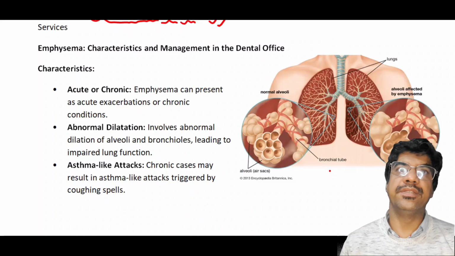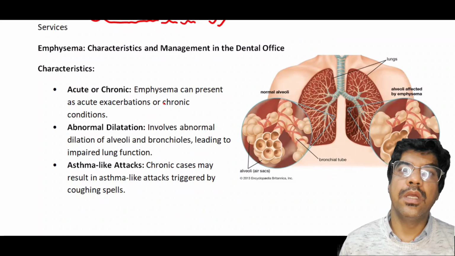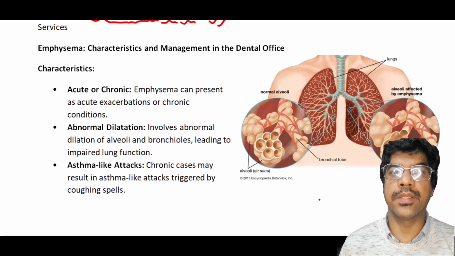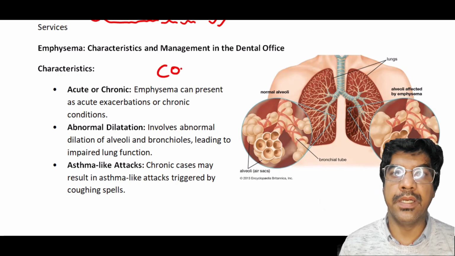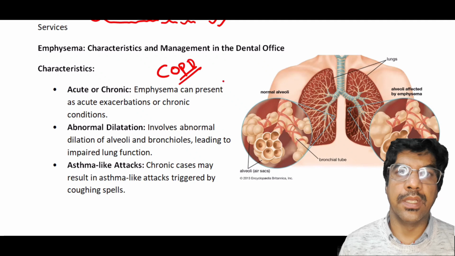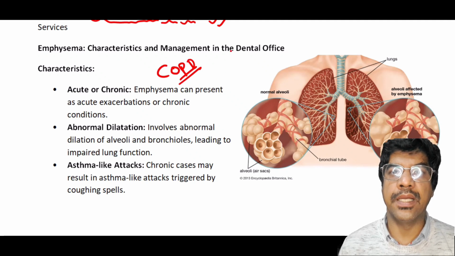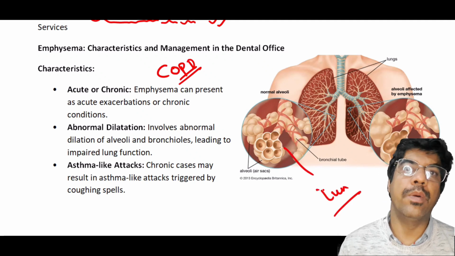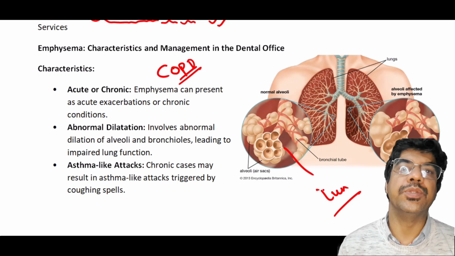Another respiratory condition is emphysema. Emphysema is a chronic respiratory disease that falls under the broader category of chronic obstructive pulmonary disease. There is gradual destruction of the air sacs, the alveoli in the lung, leading to abnormal dilation of the air spaces and damage to lung tissue.